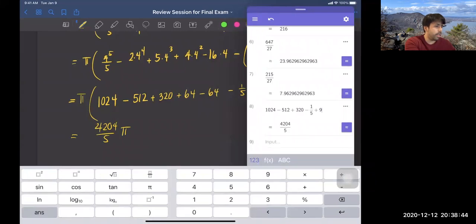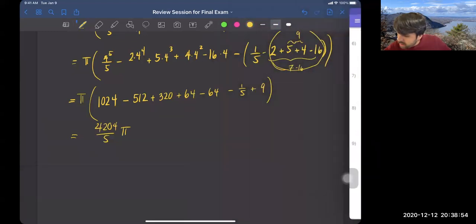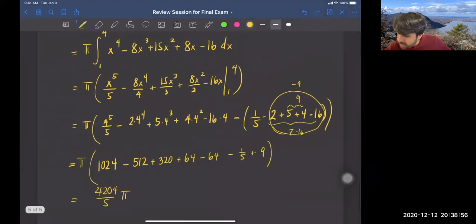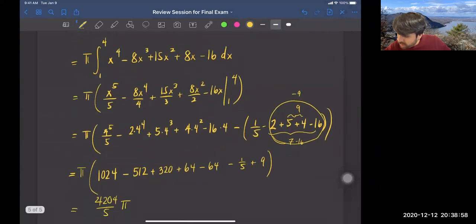Let me just see. And then there might be something that's off, I think. Evaluated at 1.